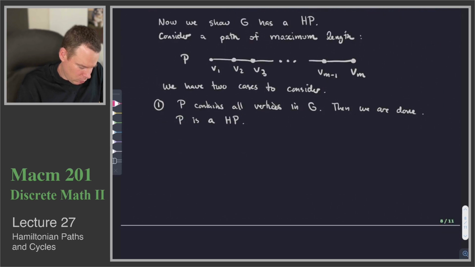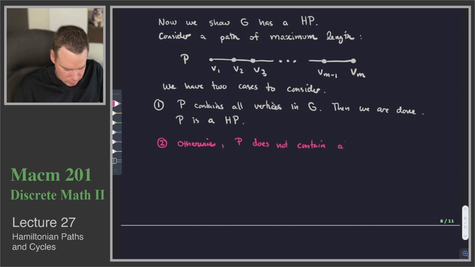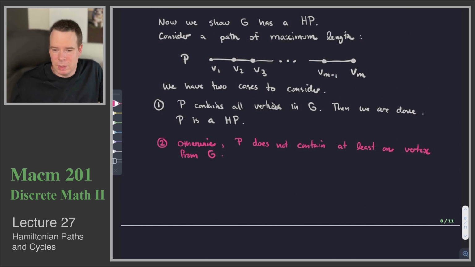So that brings us to case 2. Otherwise, P does not contain at least one vertex from G. There's some vertex in G that's just not on P. I've changed the color to red here, and that's because we're going to show that this case actually can't happen.